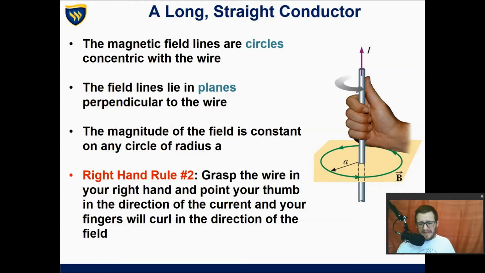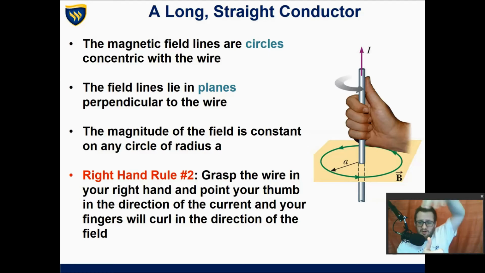The second right-hand rule is just kind of an extension of that, which we saw from the previous problem. The second right-hand rule says if you've got a current-carrying conductor, point your thumb in the direction of the current, and your fingers will curl in the direction of the magnetic field lines. So for this wire that you see in the picture, the current is pointing upwards, so the magnetic field lines curl in that direction.